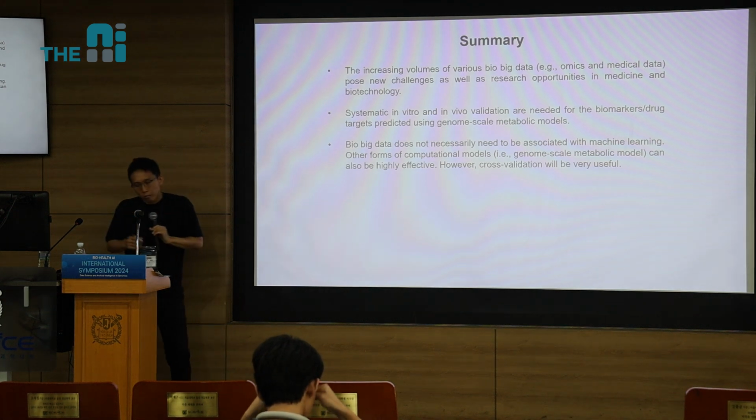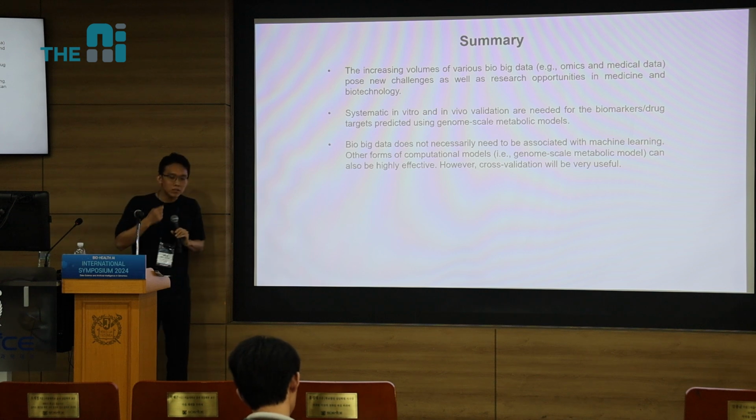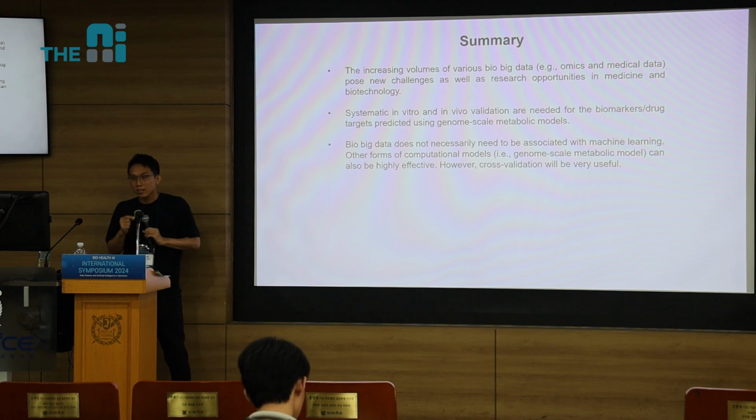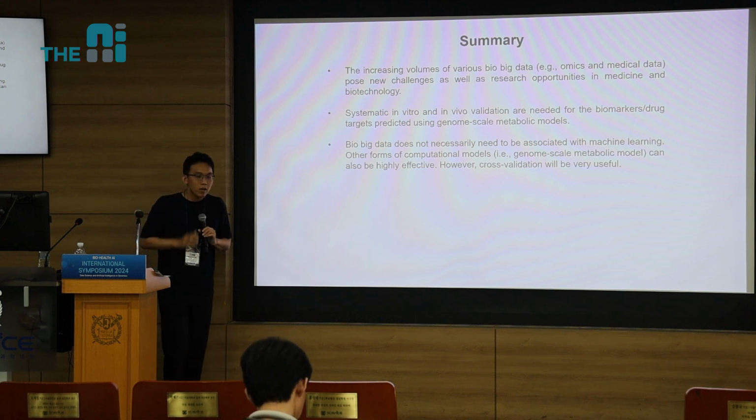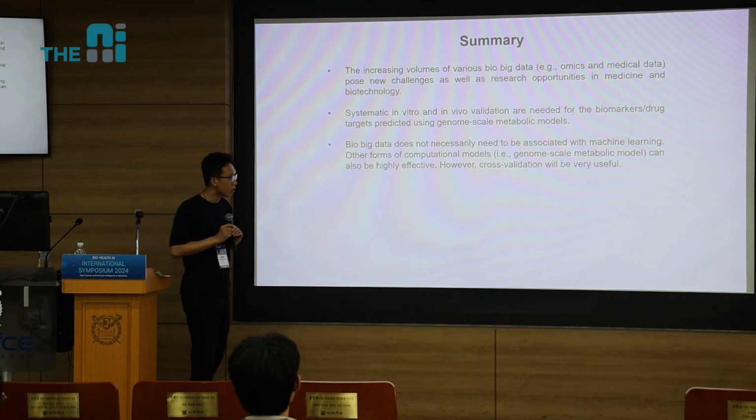Now, from an engineering perspective, we don't always have to stick with AI technologies. I think it really depends on the problem definition and also the quality and quantity of the data available. By considering these multiple factors, we have to carefully select what computational model to use.